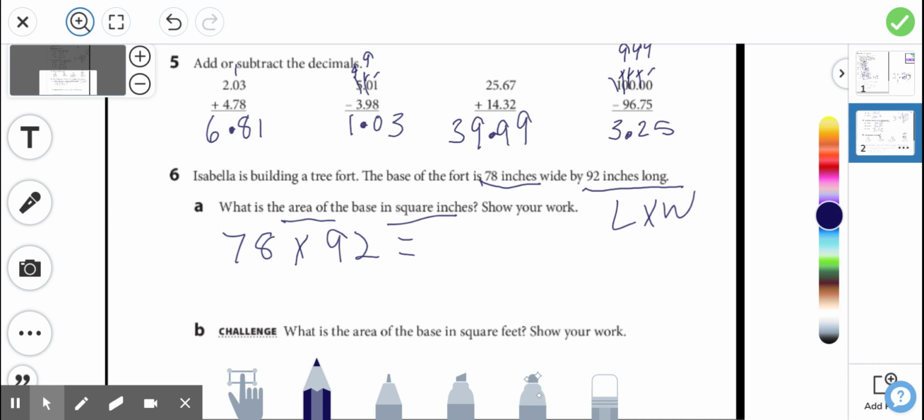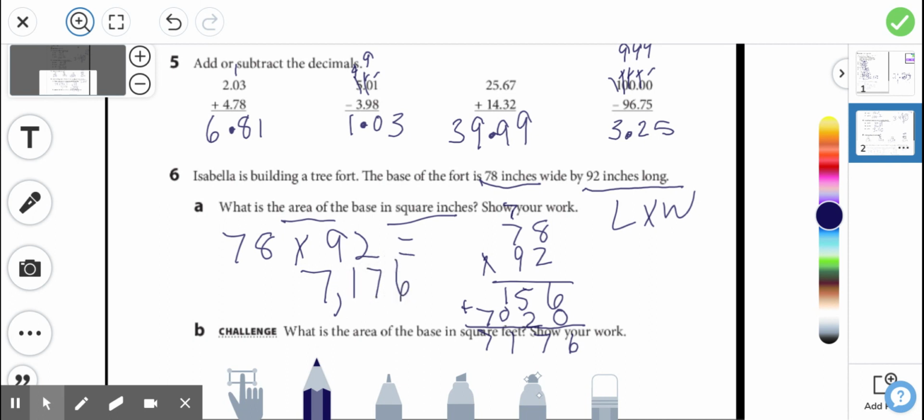So to work that out, 2 times 8 is 16, carry my 1, 14 plus 1 is 15, 0 placeholder, 9 times 8 is 72, 9 times 7 is 63, 70. Add straight down, 6, 7, 1, 7. So it's 7,167 inches squared.